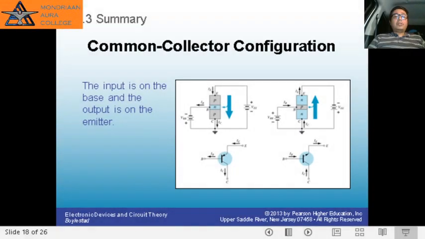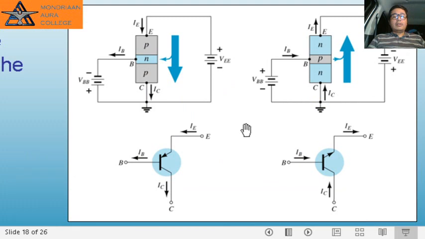We now go to the common collector configuration. Ito yung pangatlong configuration ng bipolar junction transistor. Kung mapapansin natin, itong ating common collector configuration, ang ating collector terminal ay nakakonekta direkta sa ating ground. No? For PNP and NPN, no? Ang collector, rekta sa ground.